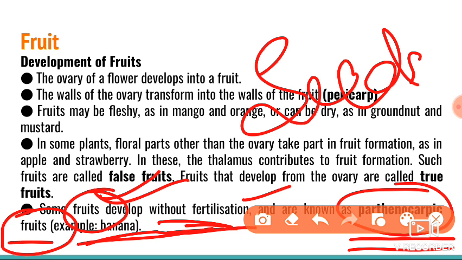Because the parthenocarpic process occurs here. The fruits formed without fertilization we call parthenocarpic fruits. The example is banana.